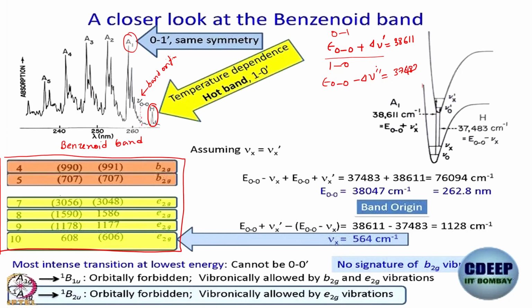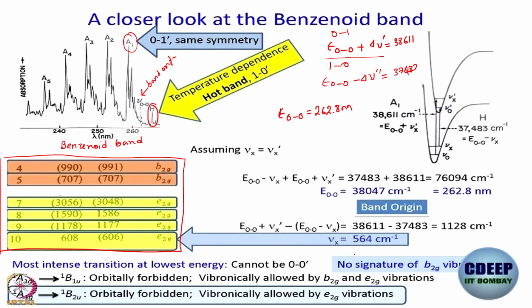From here we are assuming these two are the same, and from there you can calculate E00, the band origin, to be 262.8 nanometer.